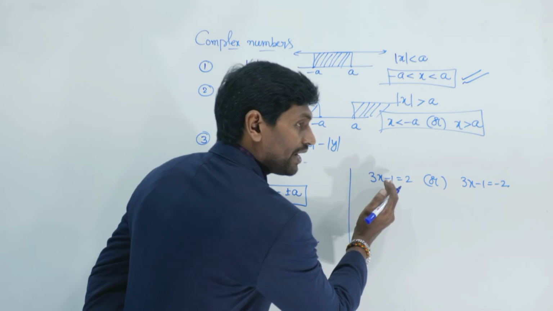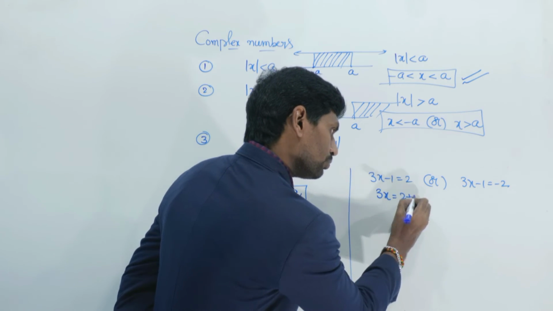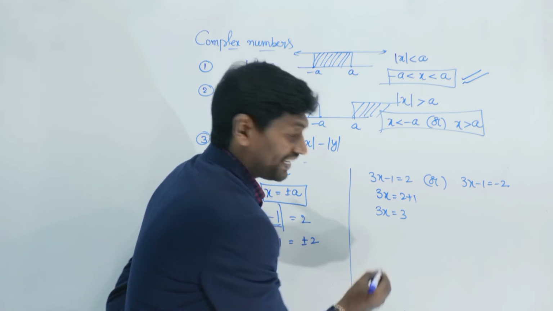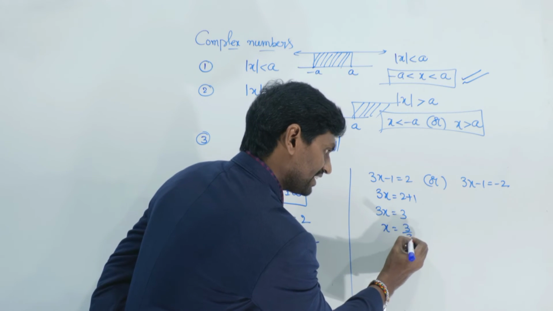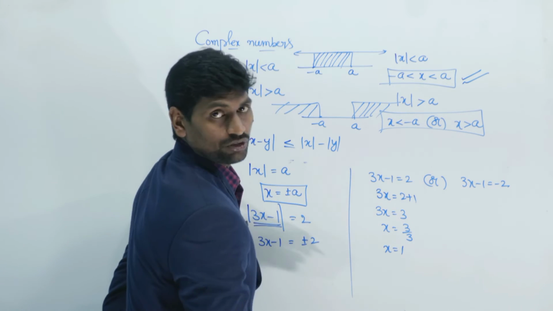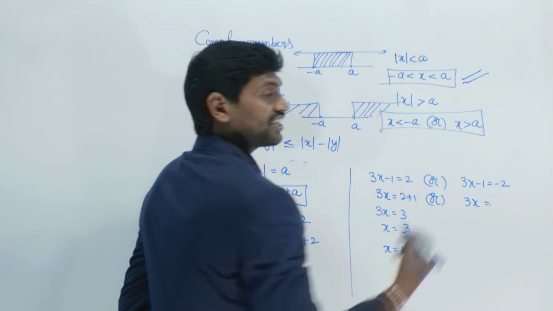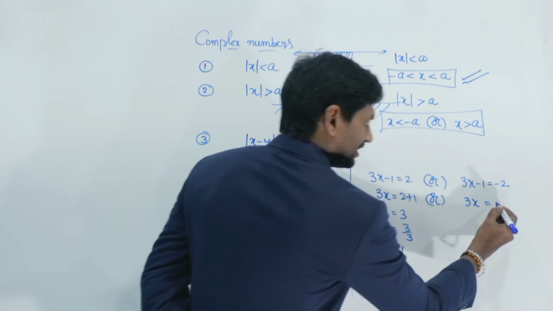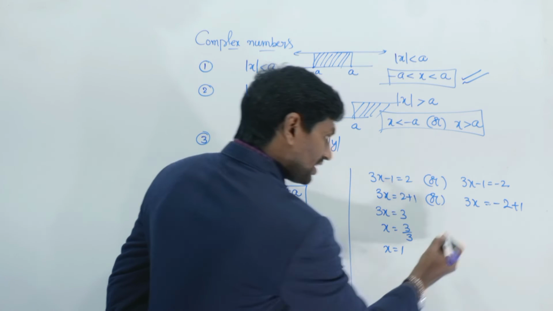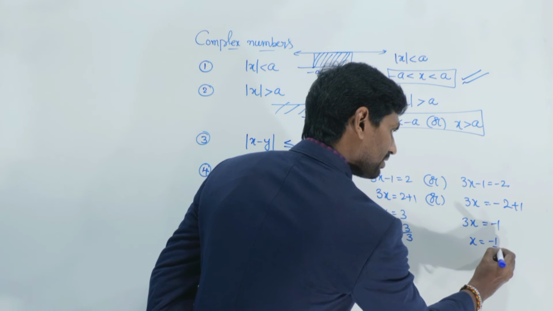Transposing minus 1 to that side, 3x equals 2 plus 1, so x is 3 by 3, which is 1. Now the second option: 3x minus 1 equals minus 2, transposing, minus 2 plus 1 will be minus 1. So x equals minus 1 by 3.